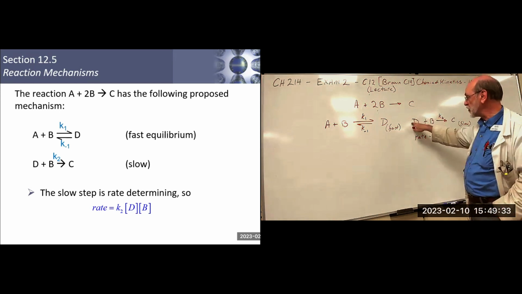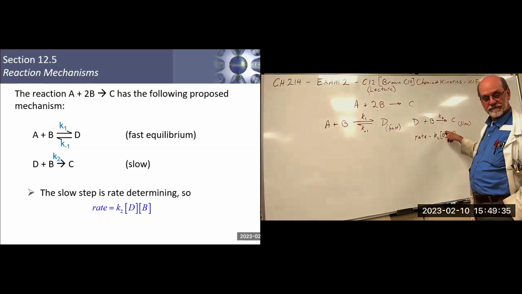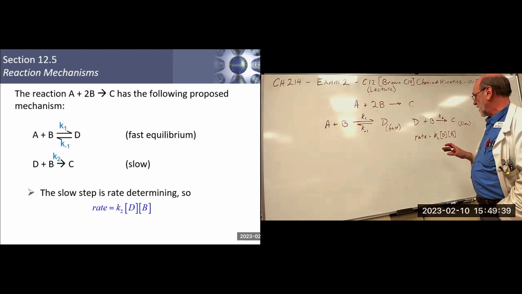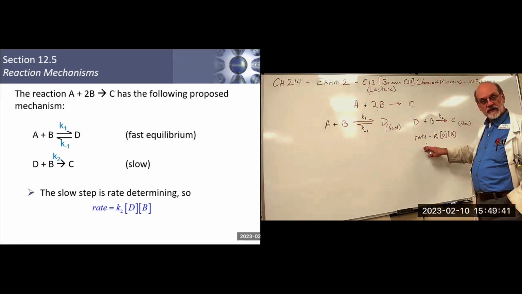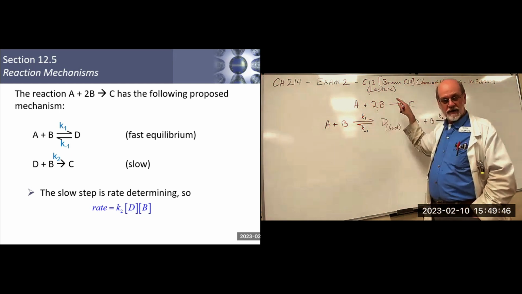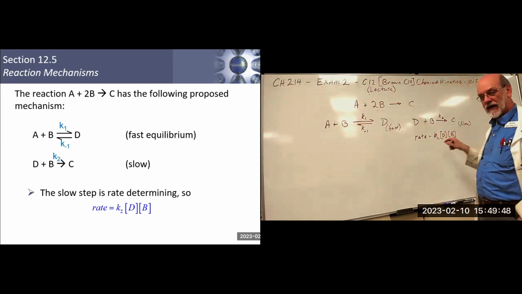If there were a 2 here, we'd put power 2 here. This cannot be the final rate expression because we got a D in it, and there's no D in the overall. So we got to get rid of that D somehow.